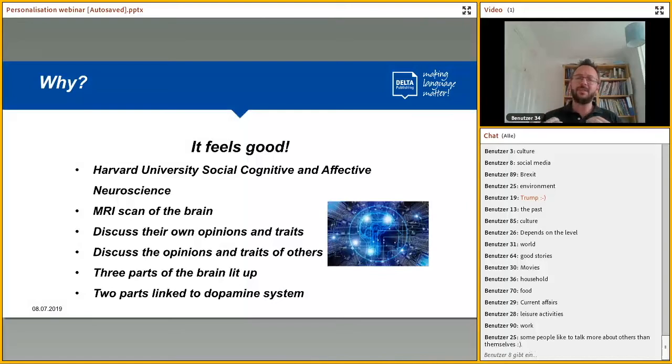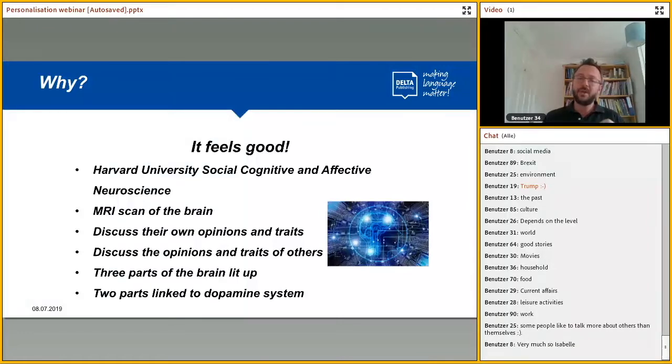But two other parts lit up whilst people were talking about their own opinions or talking about themselves. And those two parts were linked to the dopamine system. So that's part of the brain that's normally connected with reward, with pleasure, with motivation.